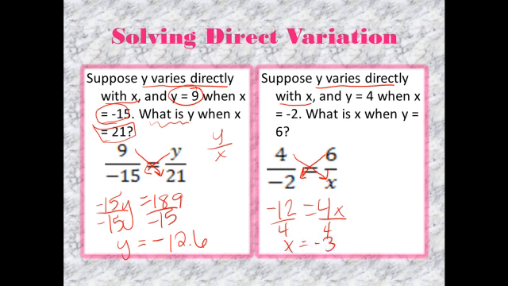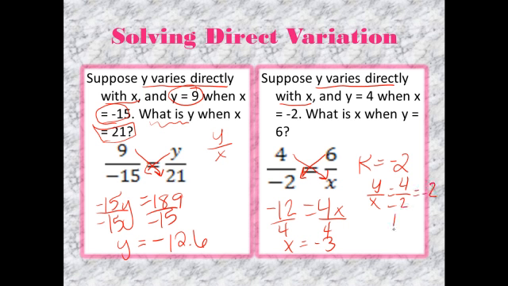If you were asked what is the relationship between the first set and the second set, you could easily find that k equals negative 2. That is once again found by y divided by x. And the first one, 4 divided by negative 2 equals negative 2.